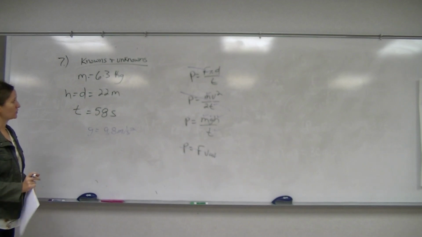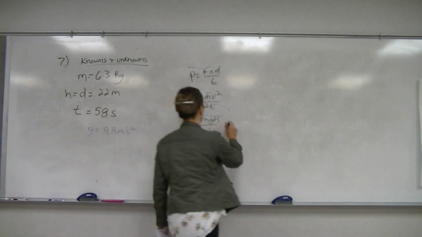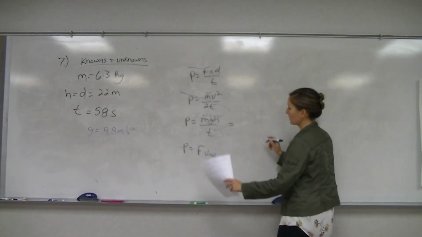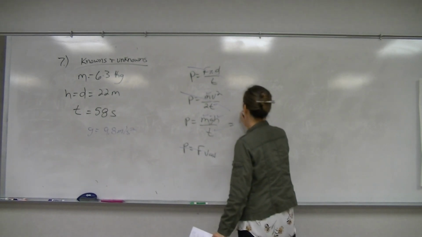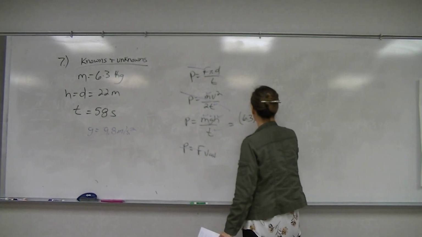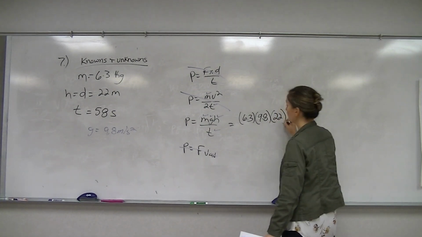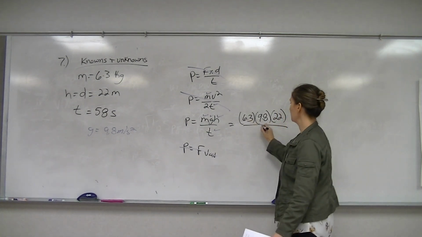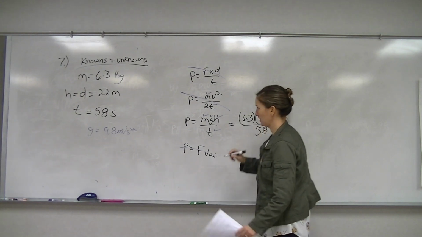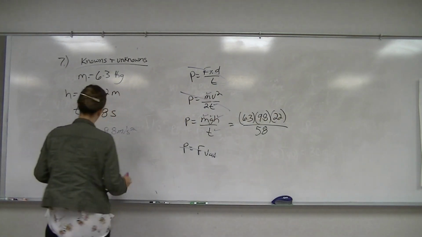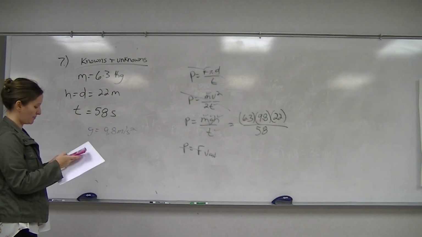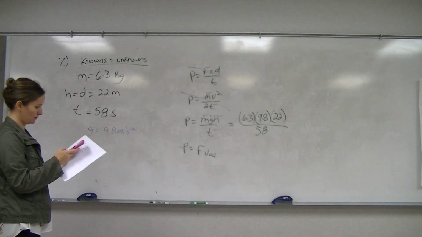Now that I know which equation I'm going to use, I want to plug in. My mass is 6.3, gravity 9.8, height of 22, and the time, all divided by 58. So it took him about a minute to get that bucket up to the window of the treehouse.